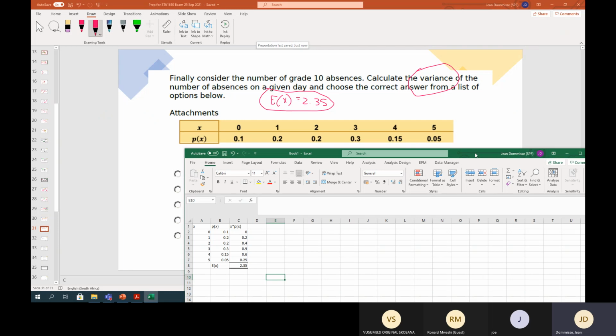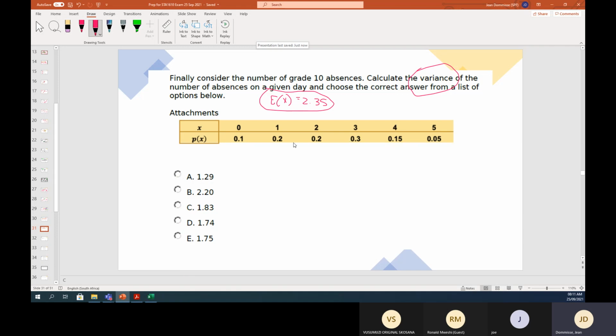Okay, so at least the data is the same. So to work out the variance is a bit more difficult. To work out the variance, it is a few extra steps.